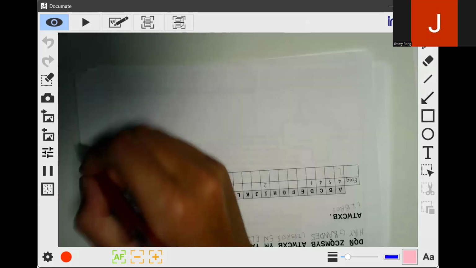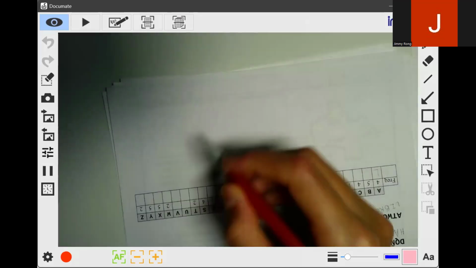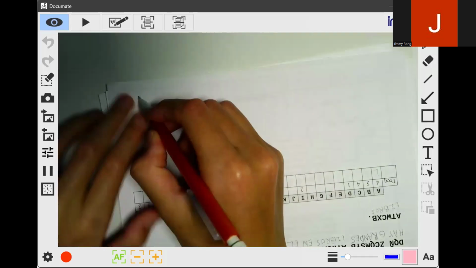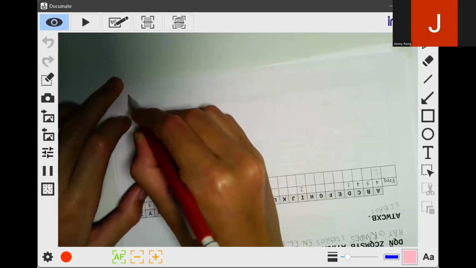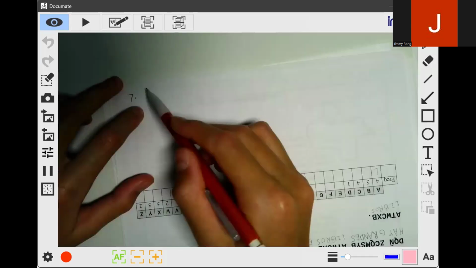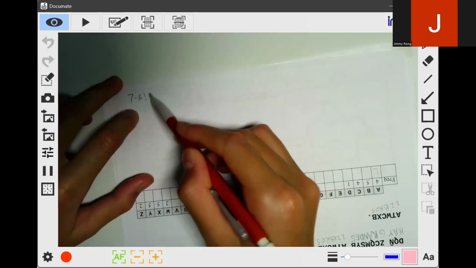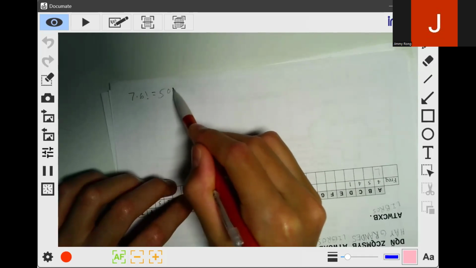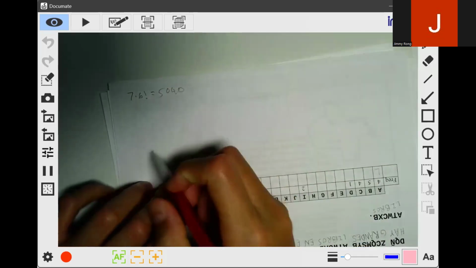The total number of ways to arrange them is 7 factorial, because you have 7 ways to choose the empty chair and then 6 factorial to arrange the rest of them. And this is just 5040.